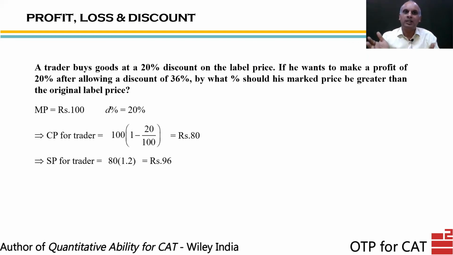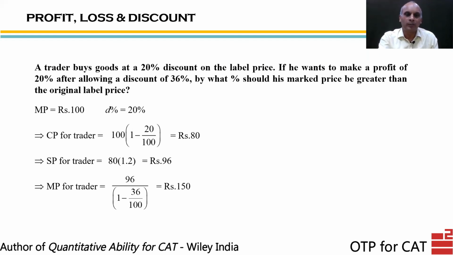And to that customer, he gives a discount of 36%, and then he arrives at the selling price of 96 rupees, in which he was getting a profit of 20%. So 96 is after a discount of 36%. So working backwards, I can get the mark price for the trader. So MP for the trader is 96 divided by 1 minus 36%. And that is equal to rupees 150.